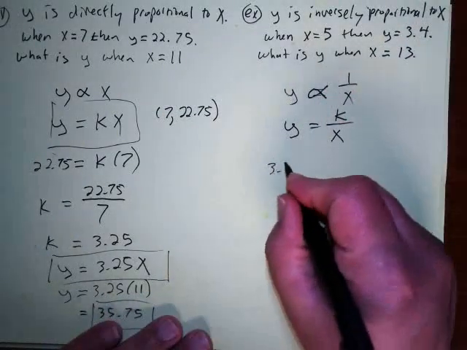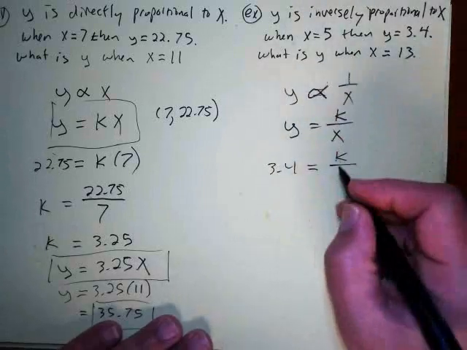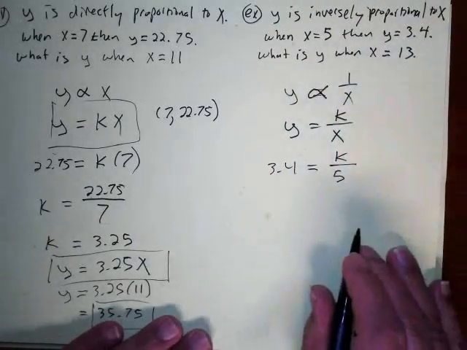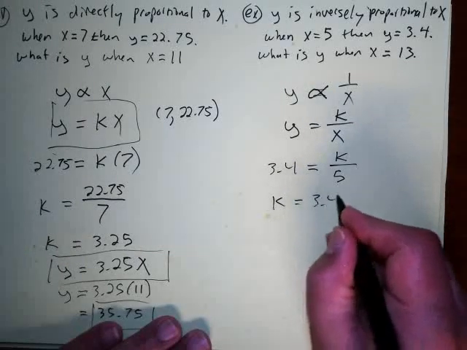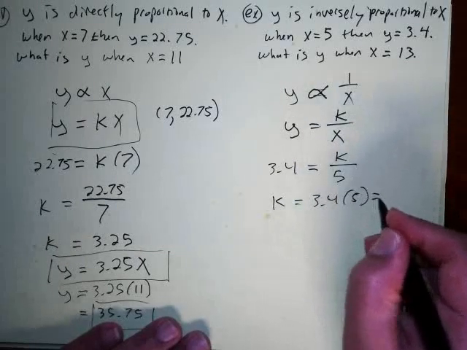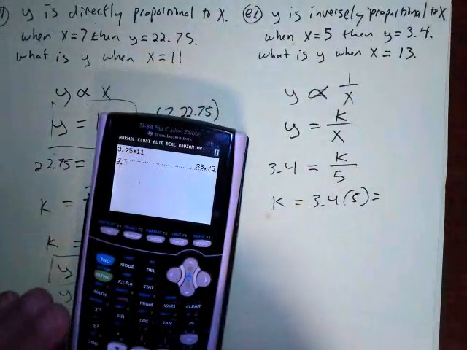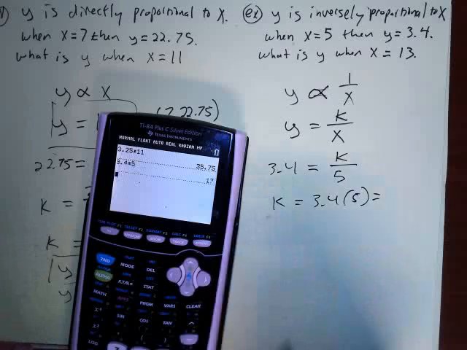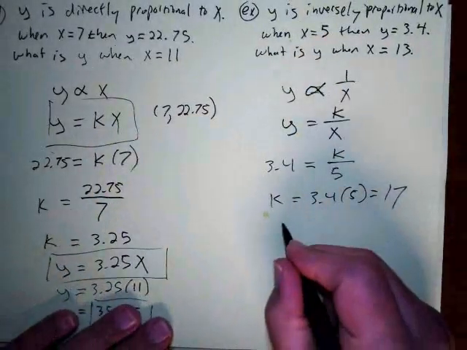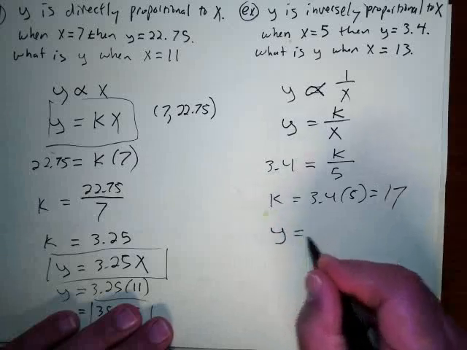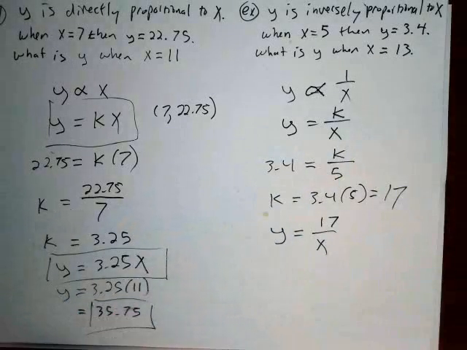So I get 3.4 for my y when x is equal to 5. Then my k is just, in this case, going to be 3.4 times 5. So 3.4 times 5 gives me 17. That means my function is just 17 over x.